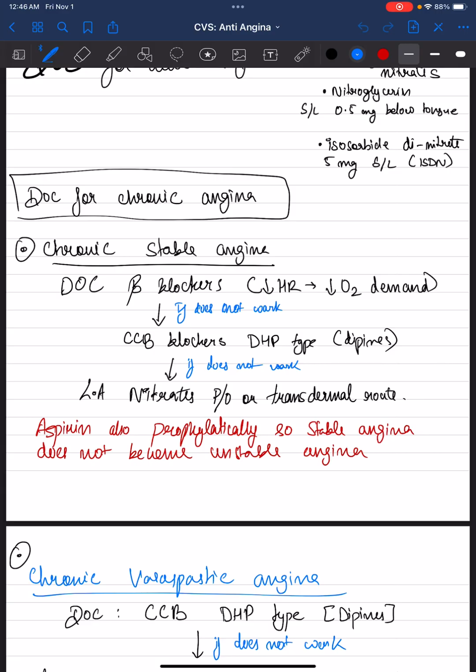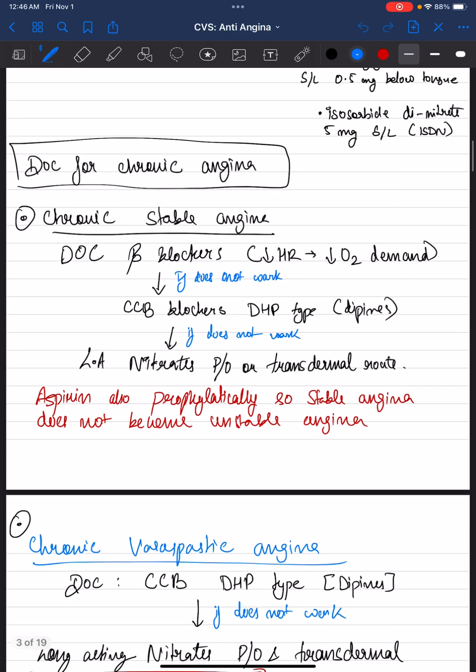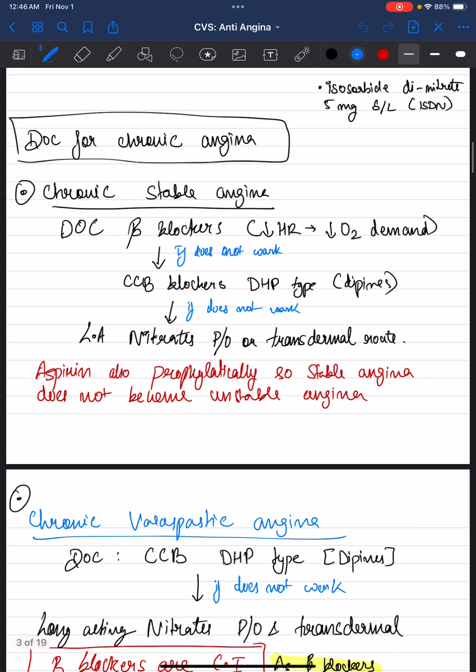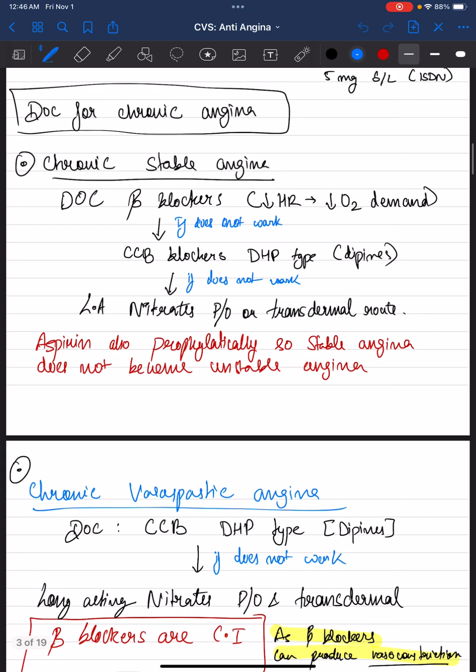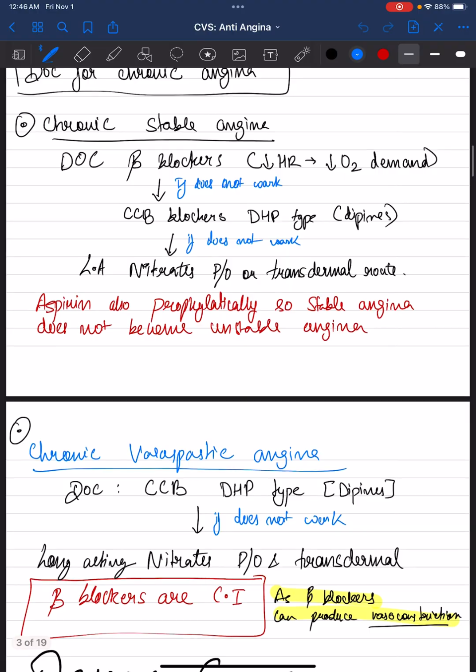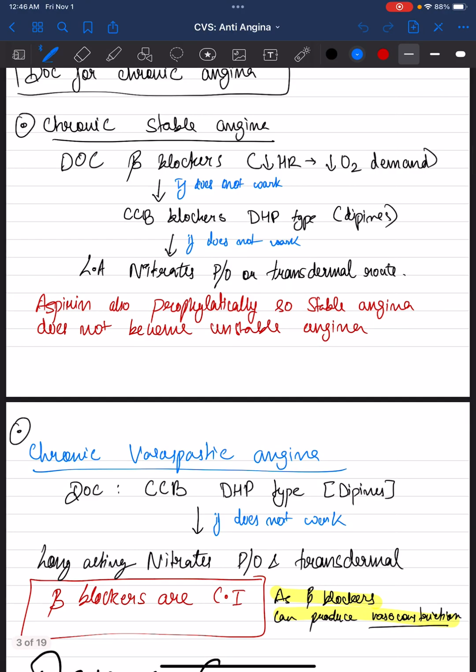If they do not work, then nitrates are used orally or through the transdermal route. And aspirin is also given prophylactically so that stable angina does not mature and become unstable angina.